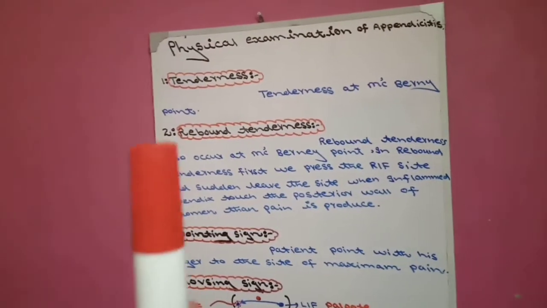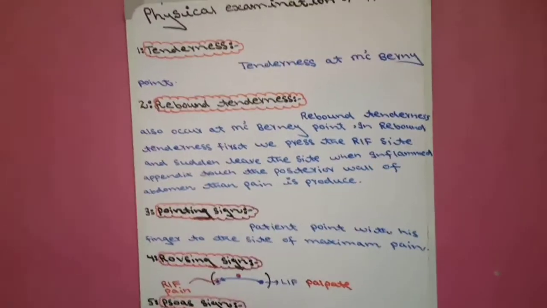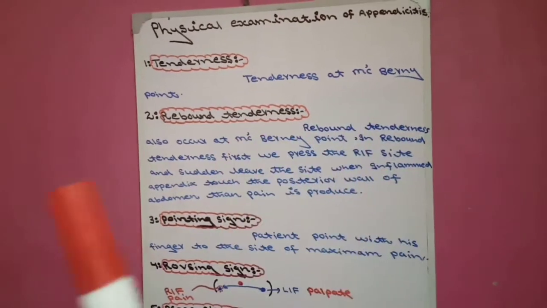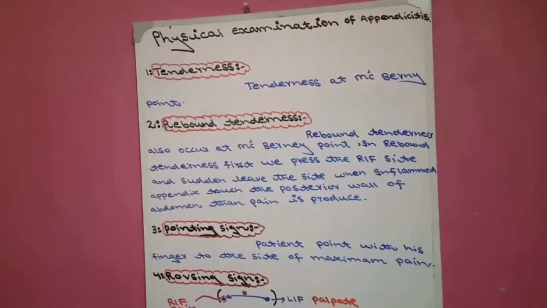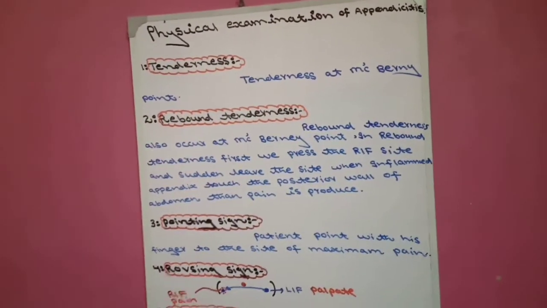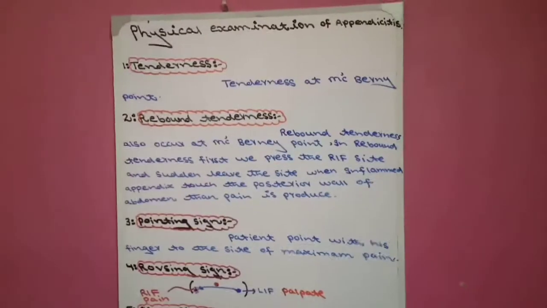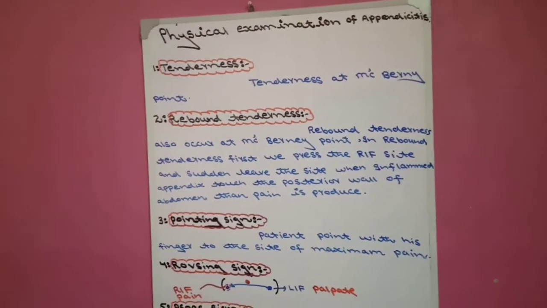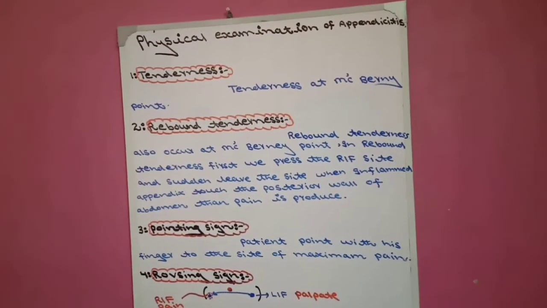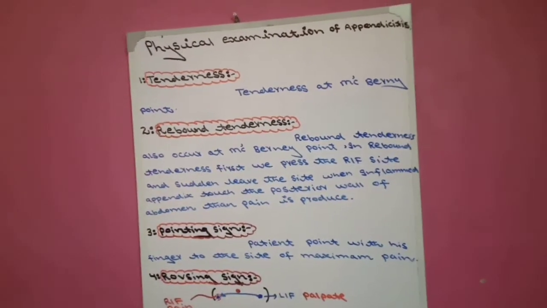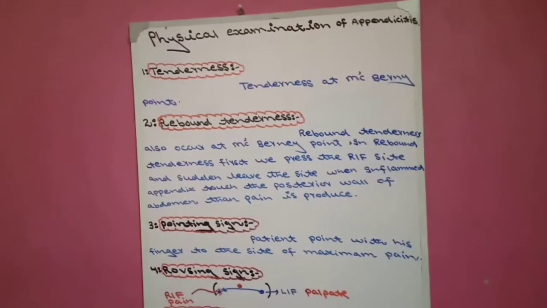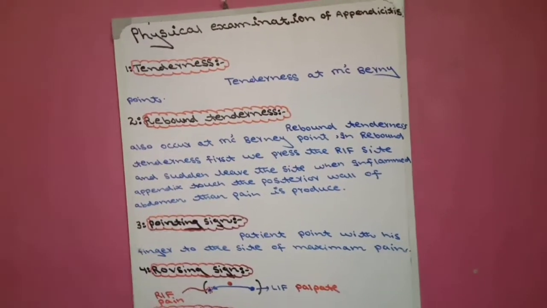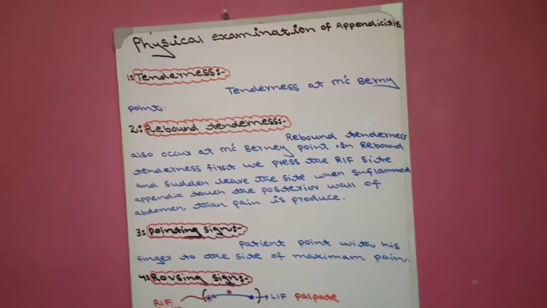The first sign is tenderness. Tenderness at McBurney point. In the second video, before this video, we already studied McBurney's point. The point at 2/3 distance when we move from the umbilicus toward the ASIS, anterior superior iliac spine, is called McBurney point.